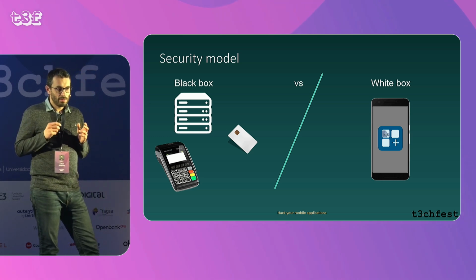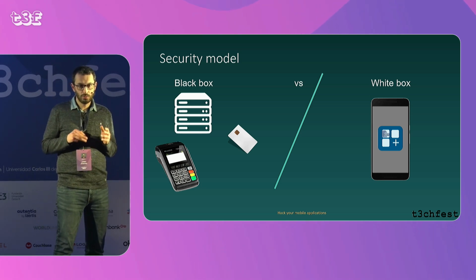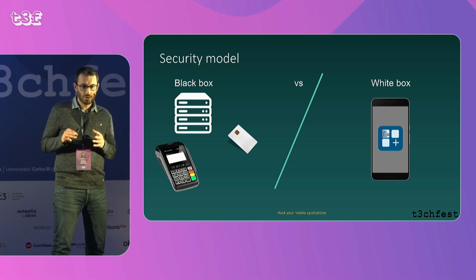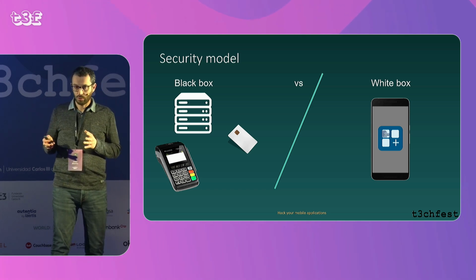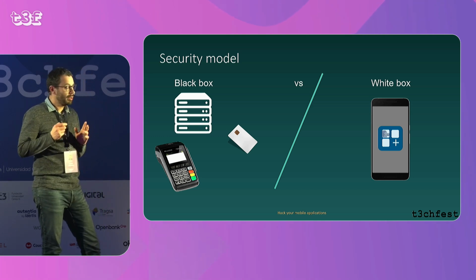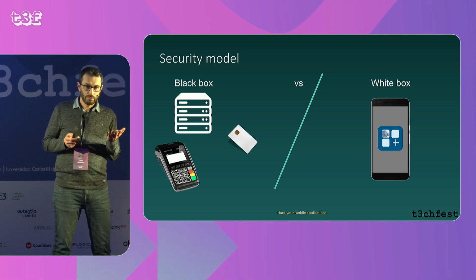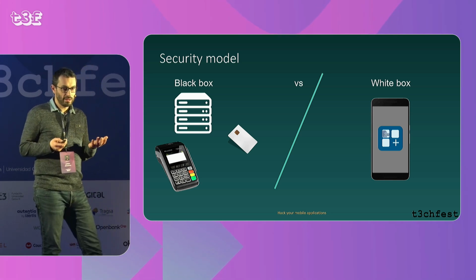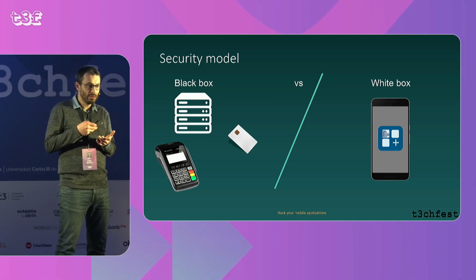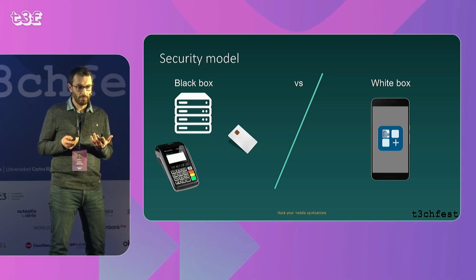It means that the attacker has no access to the code or the memory, because there are protections, either network protection like a firewall or hardware protection like a smart card or a terminal. But here we are in a white box model. It means that the phone is in the hands of the attacker, so he can see the application, and he can also see the code and the memory. Everything is accessible to him.